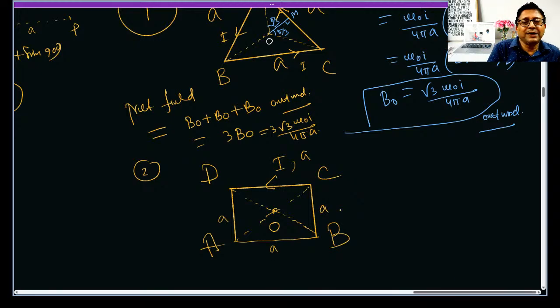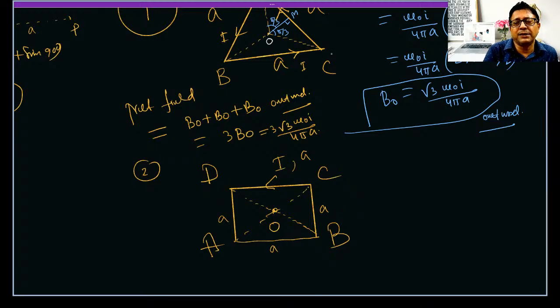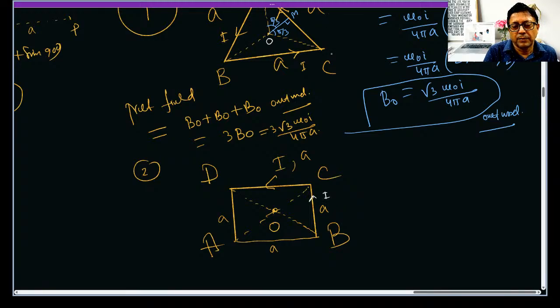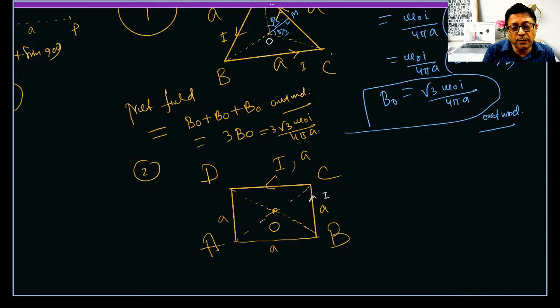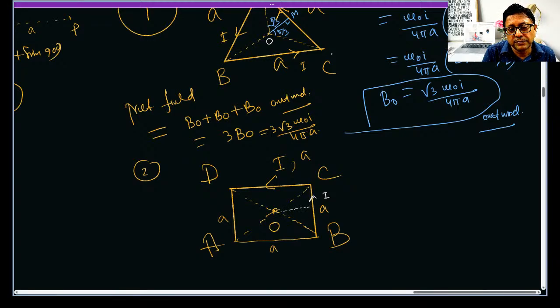So again, you find it due to one side. Just draw the perpendicular. OM is the perpendicular here. Then theta 1 is what?